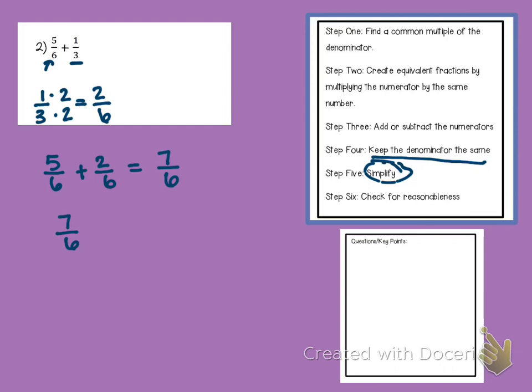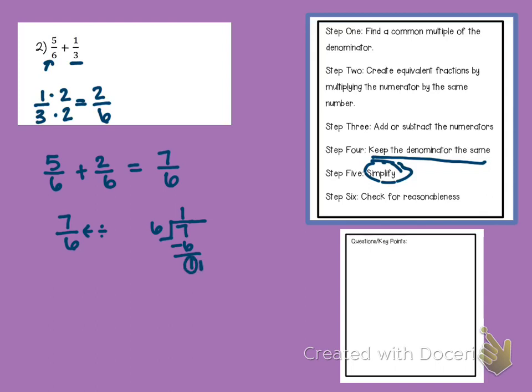So 7 over 6, remember we said that fraction notation means division, that means 7 divided by 6. So we can take 7, we write it first, divided by our denominator, which is 6. So 6 divides into 7 one time, minus 6 with 1 left over. We're working in fractions, so we're going to keep our fractions.